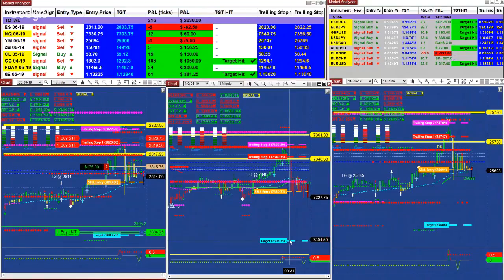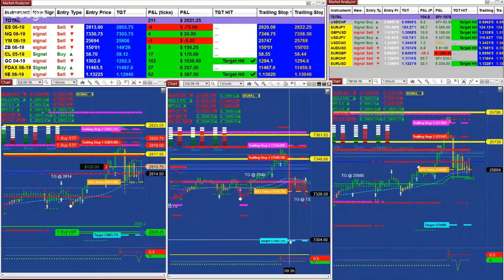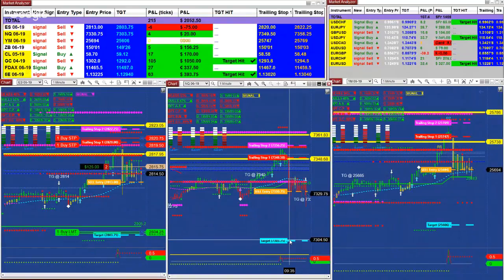Now with the game today, the YM has not gone in the same direction as the ES and the Nasdaq. So it is very important when you are trading, even if you are not trading ES or Nasdaq, to watch them.